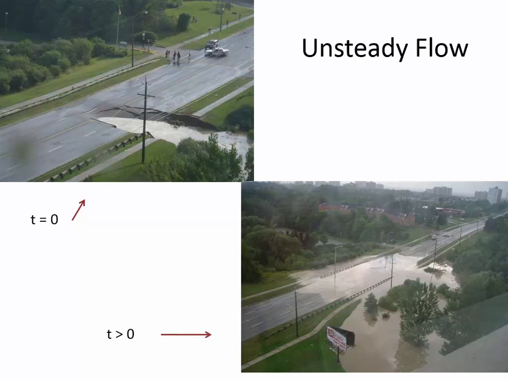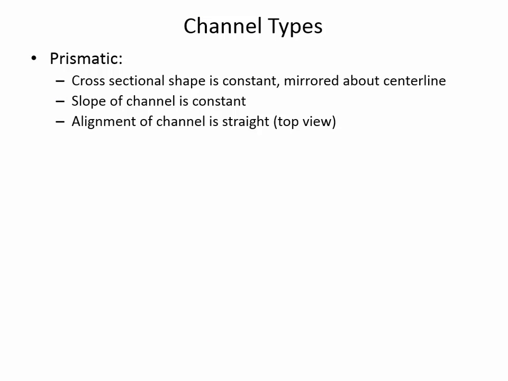As that soil got scoured, the road started slumping, and eventually it collapsed, and you can see the flooding that was caused as the culvert was no longer able to convey the flow downstream. So here's a good picture that illustrates unsteady flow. We can't identify it with just a single image. It has to be a series of images over time.